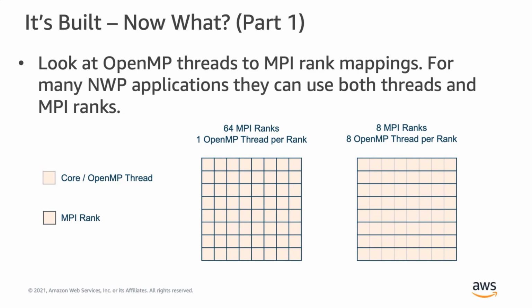You want to reassess things like OpenMP threads to MPI ranks. Many numerical weather prediction codes have the ability to assign multiple cores to a single MPI rank. In the middle here, I have an example that shows 64 MPI ranks and 1 thread per rank. It's a very common model in HPC codes as well.